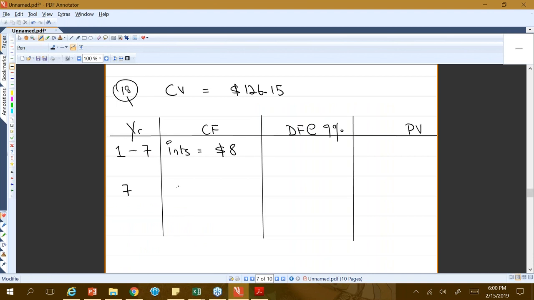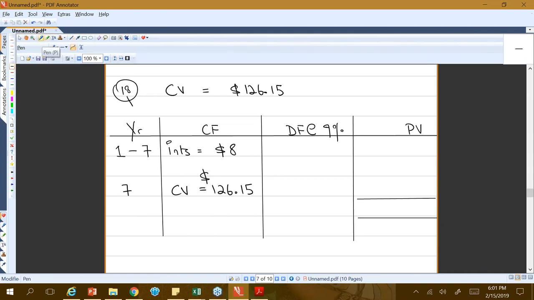And in year 7, the conversion value is 126.15. Now we are going to discount these at 9%. Can I ask you to kindly put in the discount factors and give me the market price here?